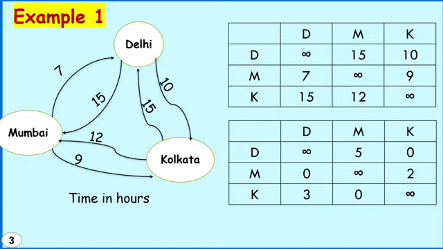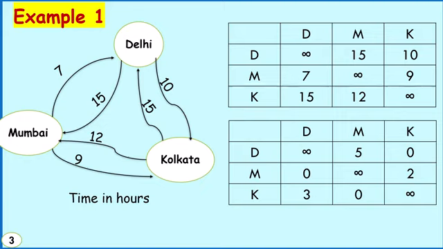Here in the first row the minimum value is 10, so infinite minus 10 is infinite, 15 minus 10 is 5, and 10 minus 10 becomes 0. In a similar manner, in each row I subtract the minimum value and get this matrix.